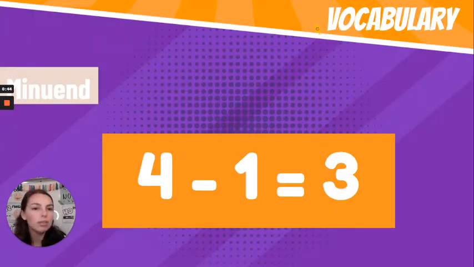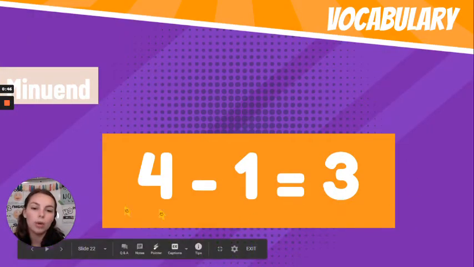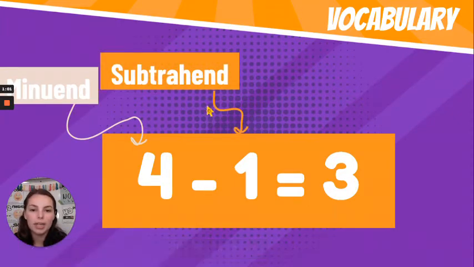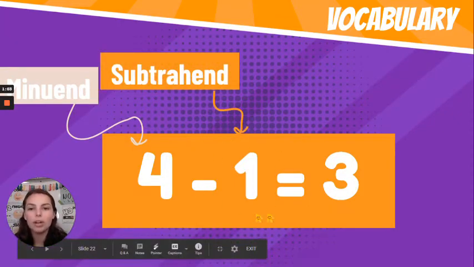So let's look at some of the vocabulary we use when we're writing our subtraction number sentences. The first number in a subtraction problem is called the minuend. The minuend is the first number. The subtrahend is the second number. That is what you're taking away from the bigger number.